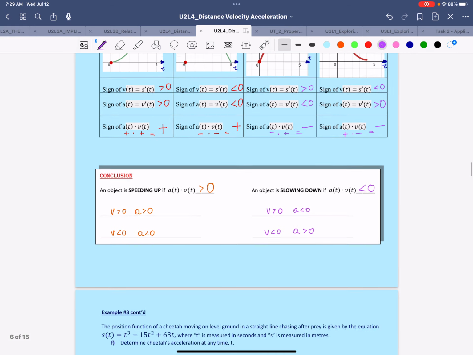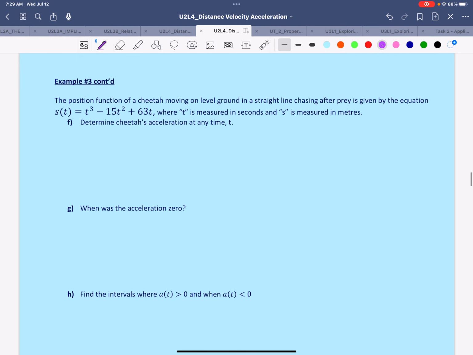If you want to look at an example, we can continue with the cheetah's example. We have to find the acceleration at any time t when we're given the position function. That means we need to find the first derivative, which is the velocity function. Remember this is the equation of position, so that must be differentiated: negative 3t squared minus 30t, plus 63.